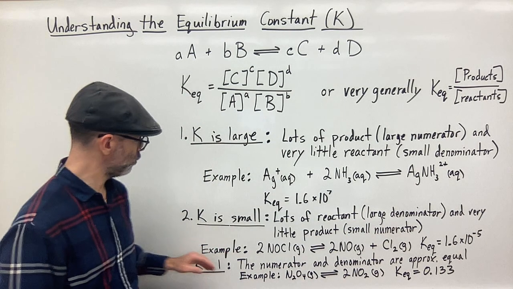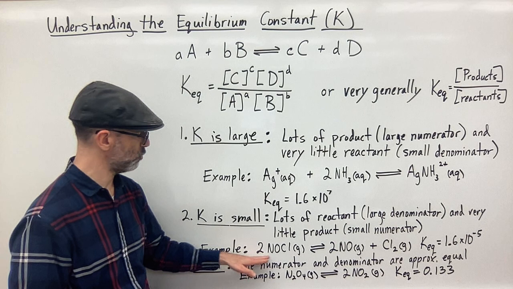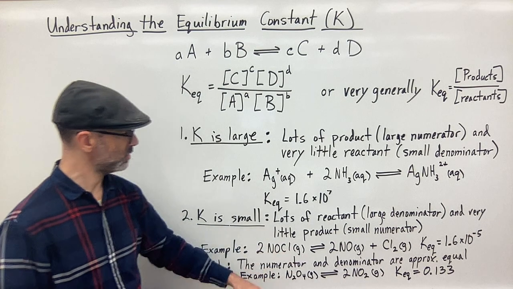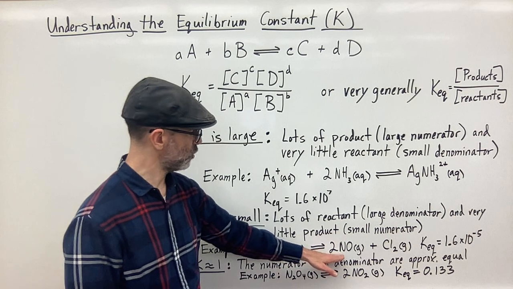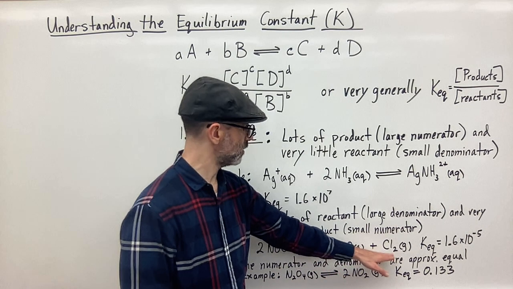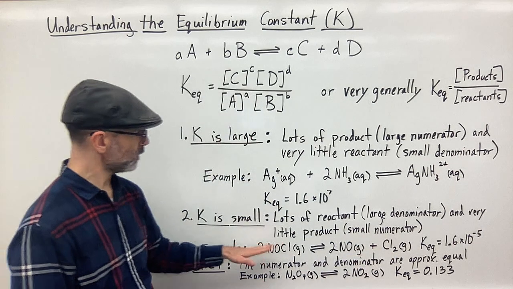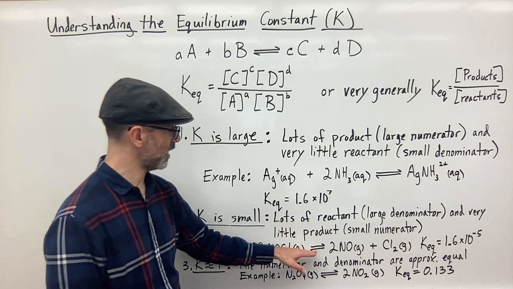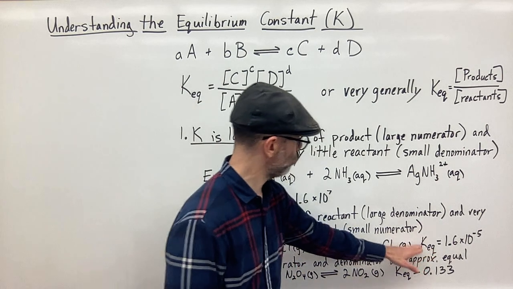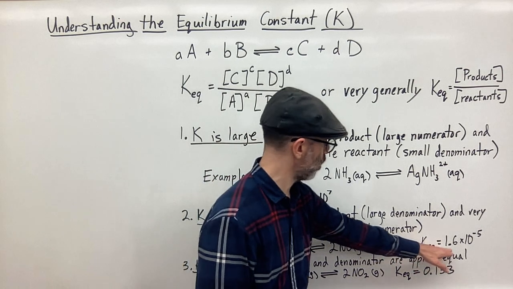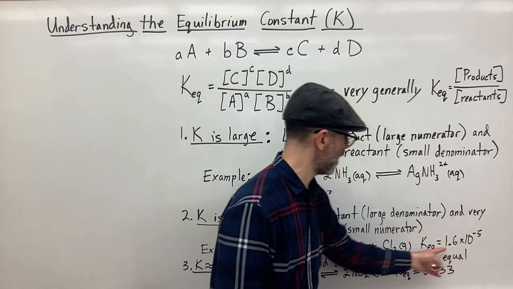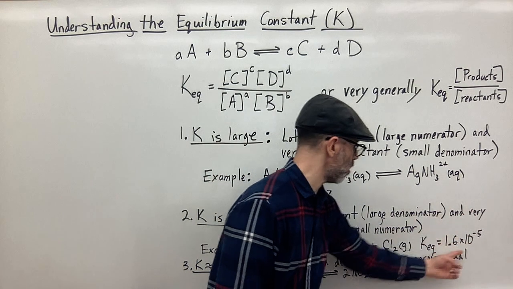So to use an example again, we have 2NOCl gas in equilibrium with 2NO gas plus chlorine gas. And so when this reaction is at equilibrium, if you look at the KEQ value, it's 1.6 times 10 to the negative 5. So this is really small.